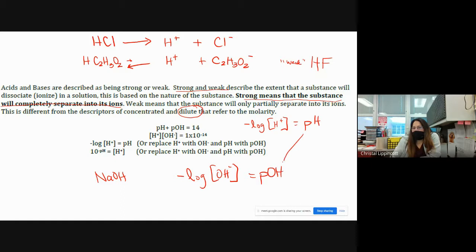If you add these two values together, that's going to equal 14. So the pH and the pOH of any given substance is going to equal 14. If you're given the pH and you want to figure out what the concentration is, you take 10 to the negative pH, and that's going to give you your concentration of your H plus ion.